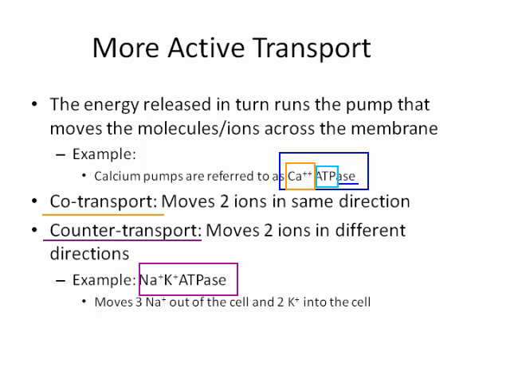This is a pump that's going to utilize ATP, and it's going to move sodium and potassium across the membrane. It's going to kick 3 sodiums out of the cell, and it's going to bring 2 potassiums into the cell. And when we do that, when we kick 3 sodiums out and bring 2 potassiums in, what that triggers is an action potential, which then will allow the muscles to contract.